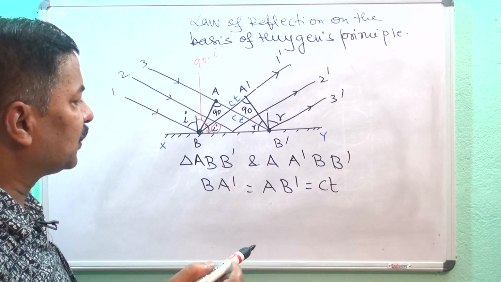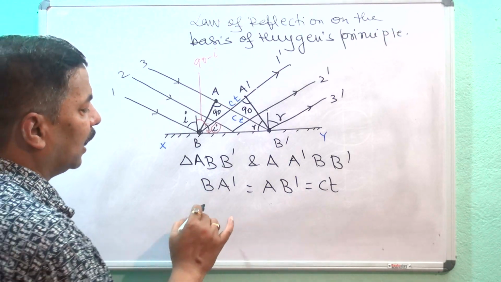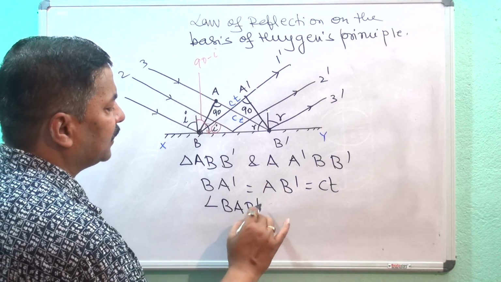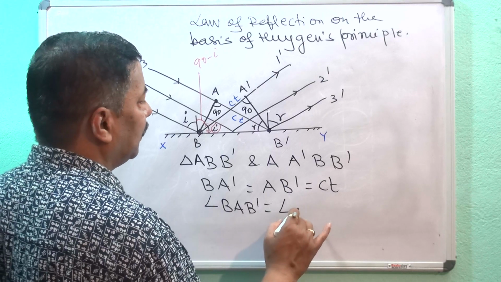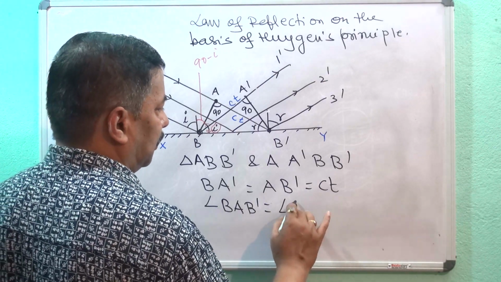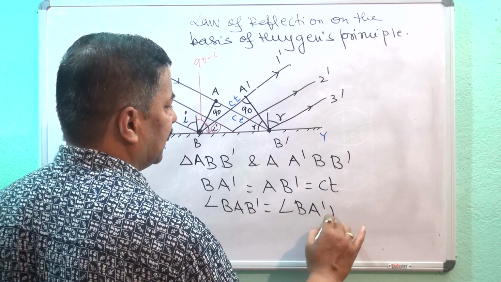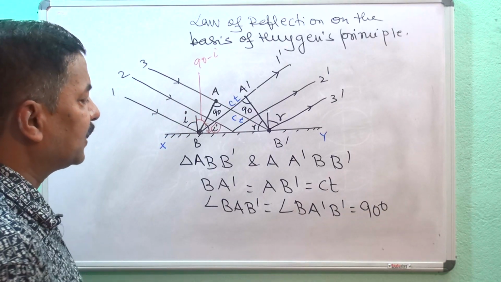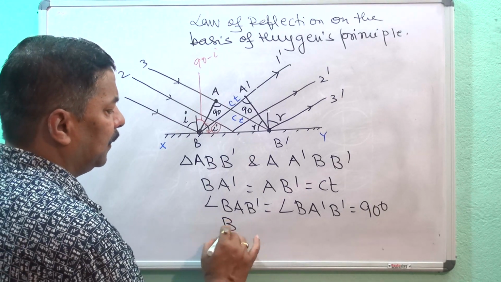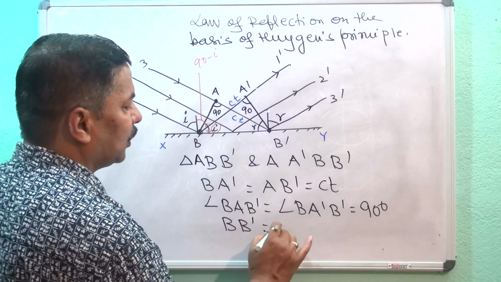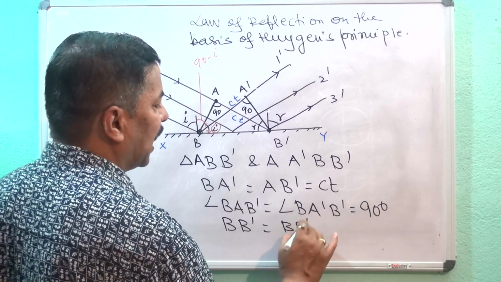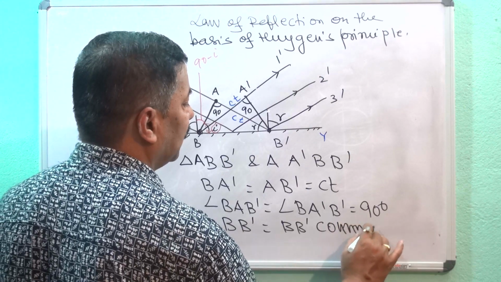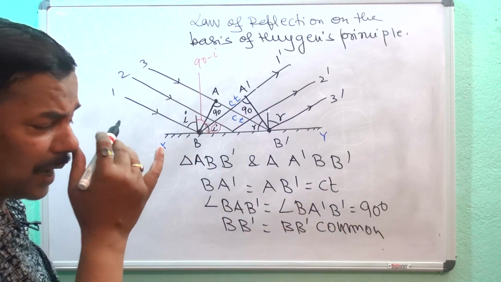So when you have understood this, then we can write angle B A B dash is equal to angle B A dash B dash is equal to 90 degrees. At the same time B B dash is equal to B B dash, and this is your common side.